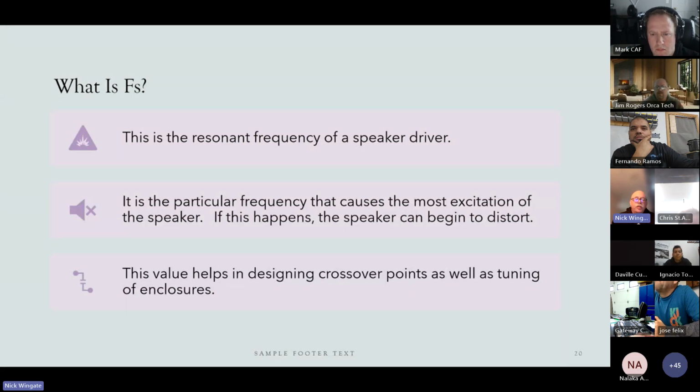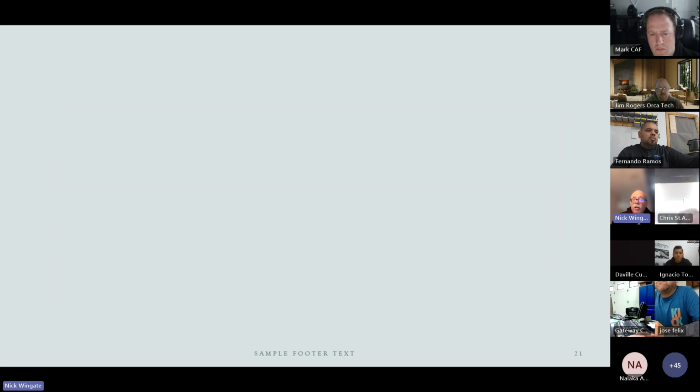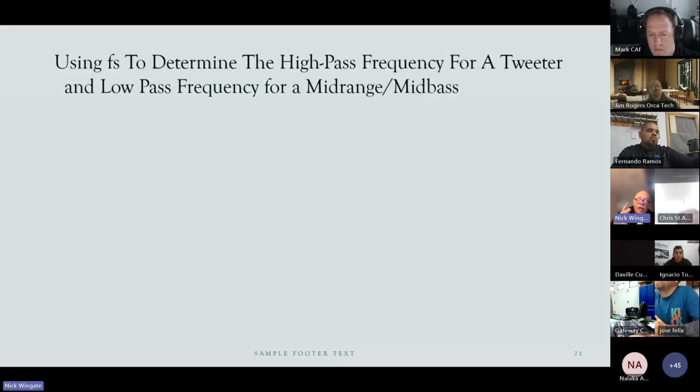In this particular instance, this value is going to help us in designing crossover points, as well as tuning of the enclosures. When we talk about the free air resonance, FS, or the tuning frequency of a subwoofer enclosure, that's FS, same thing. So now, how do we use the free air resonance to determine a high pass frequency for a tweeter and the low pass frequency for a mid-range or a mid-bass?